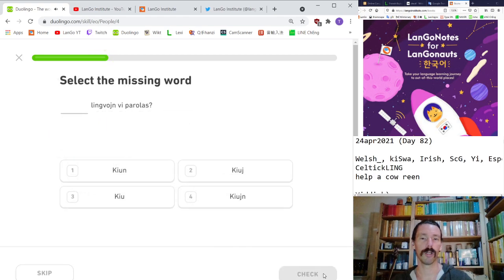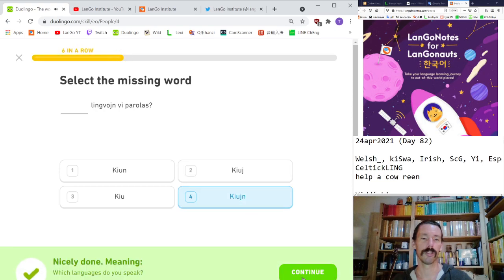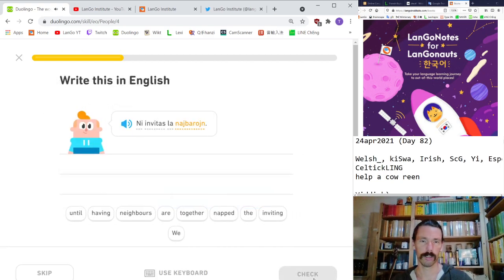Kiujn lingvojn vi parolas? Meaning how many? Kiujn would have to be quantifying the lingvojn, which is plural and an object. Ni invitas la najbarojn. Najbarojn. Love it. Najbaro is pretty close to the older English form of this one.